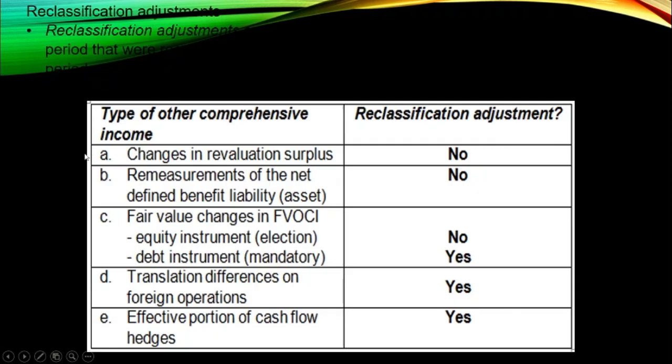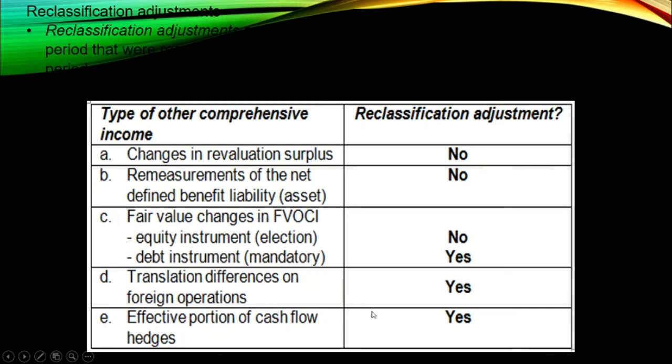Then reclassification adjustments for the period, the types of other comprehensive income, reclassification or adjustment. Changes in revaluation, no. Remeasurement, no. Fair value change, yes, for debt instrument, and for equity instrument, no. Translation differences on foreign operations, yes.